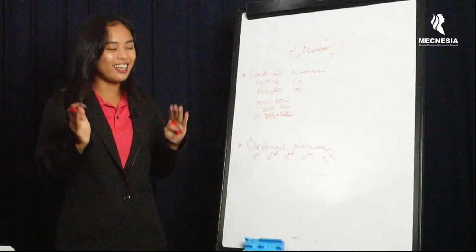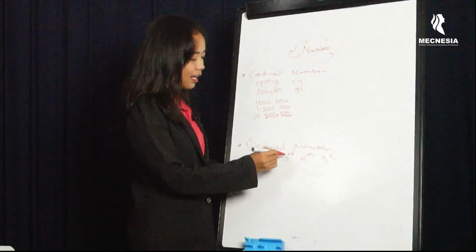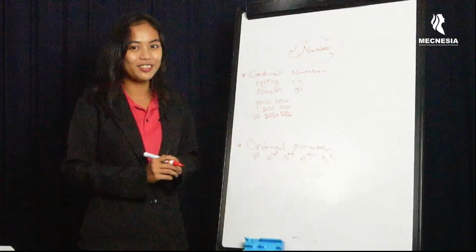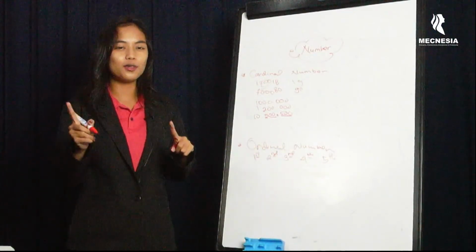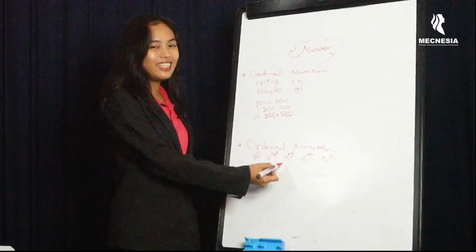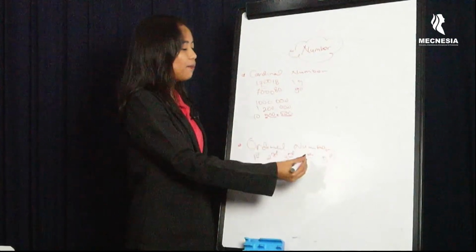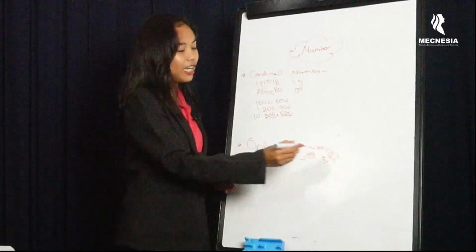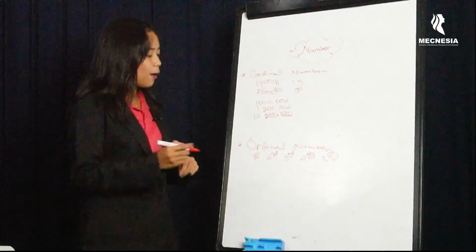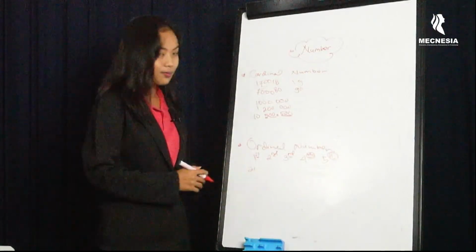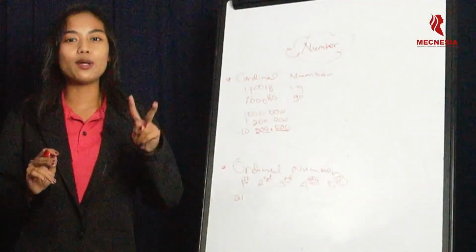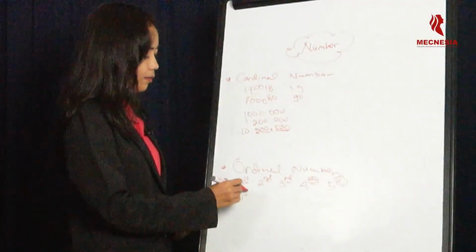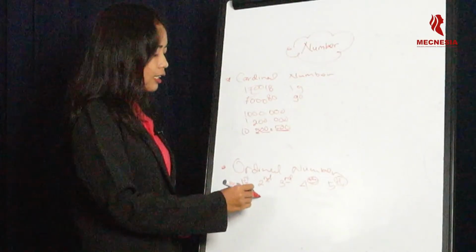So, polanya ST, ND, RD, TH. Oke, ST, ND, RD cuman untuk angka 1, 2, 3 aja. Sisanya pakai TH. How about ke 21? Yep, it's 21st. How about ke 32?